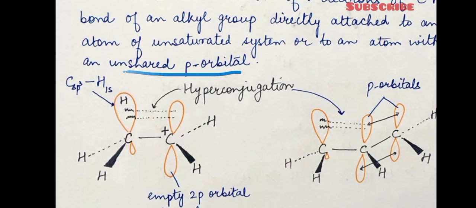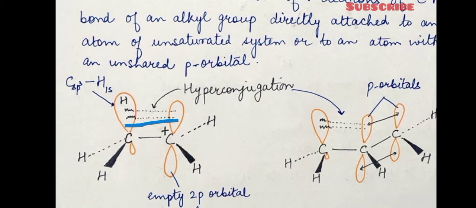What happens in hyperconjugation is one of the sp3 hybridized orbitals of carbon aligns itself in such a way with the p orbital of the carbocation that the electrons involved in this CH bond can be delocalized into the empty p orbital, as you can see in this figure.